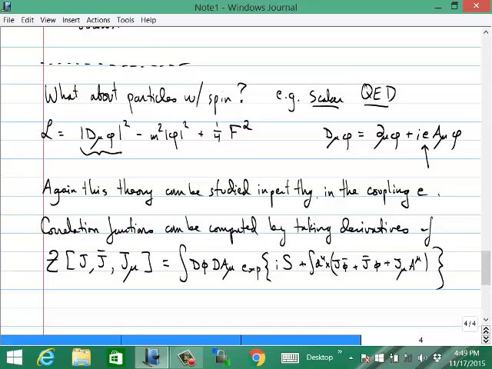And more or less, the derivation of the Feynman rules for scalar quantum electrodynamics goes through just as it did for the real scalar field or the complex scalar field, just with a couple of modifications that I'm going to point out.